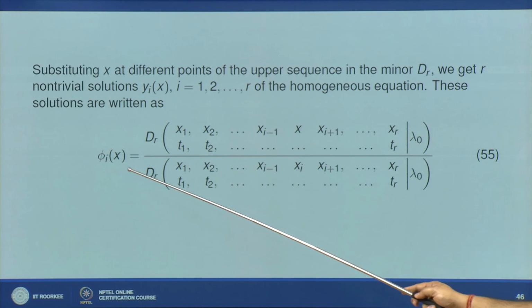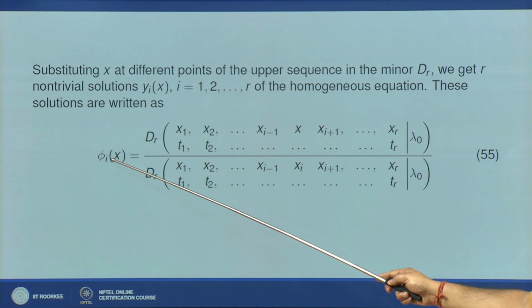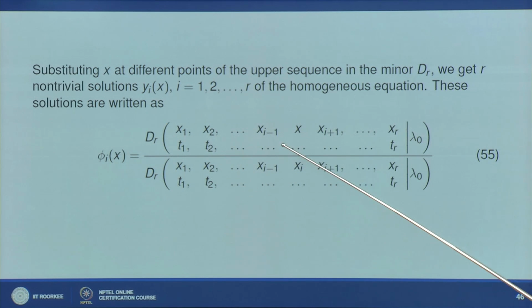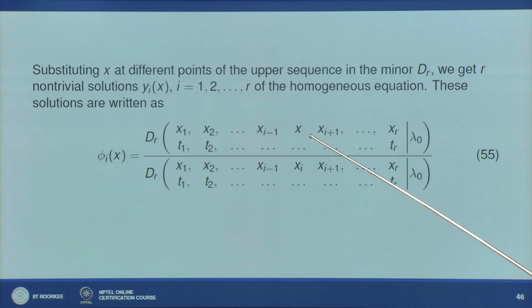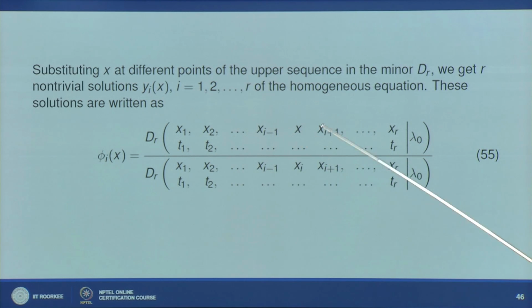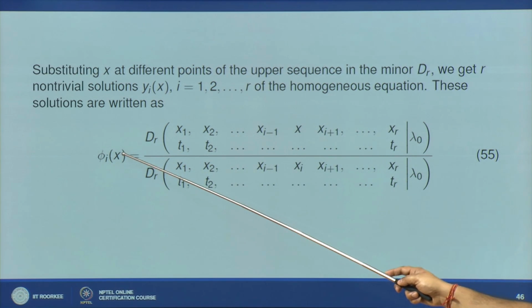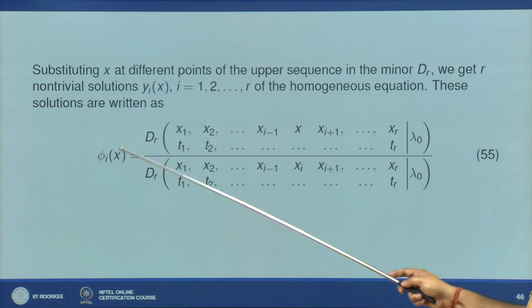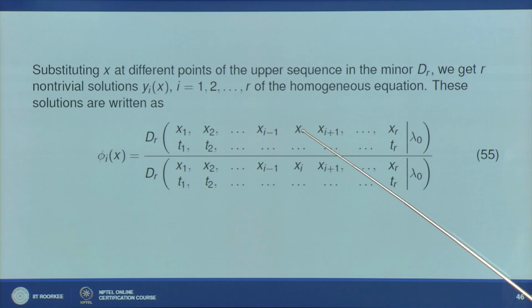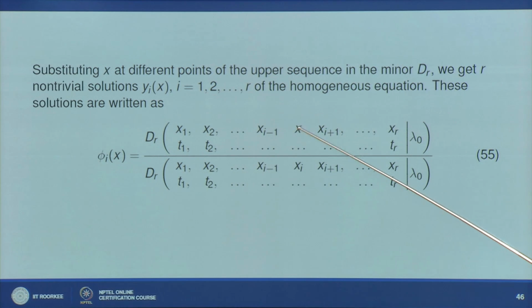So if we take x as x alpha and alpha is not equal to i, then the numerator is going to vanish, because in this determinant there are two rows which are identical to each other. But if I take x as xi, then phi i xi has an expression which is the same as the expression given in the denominator.